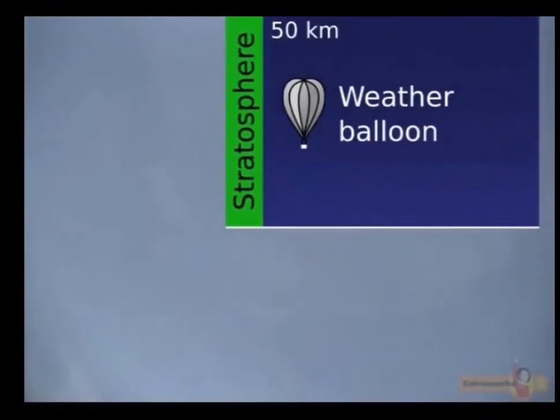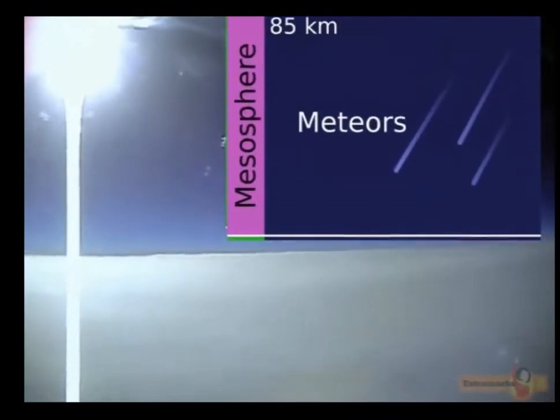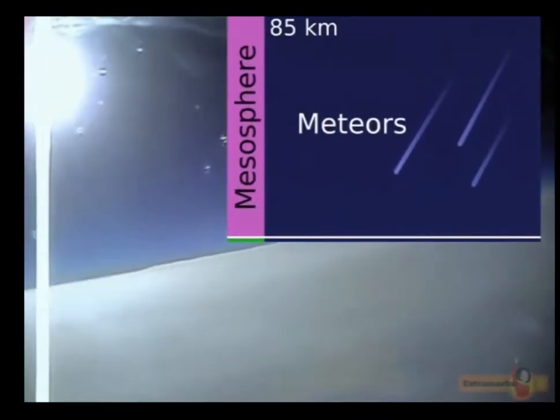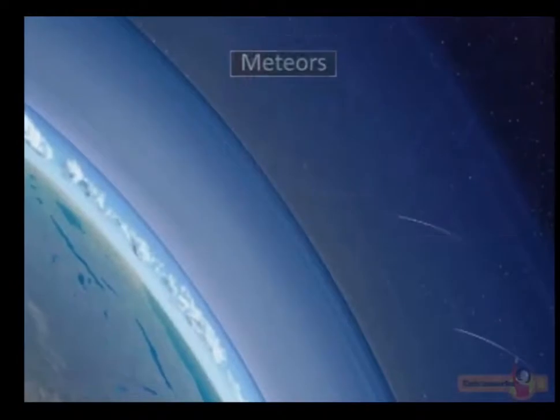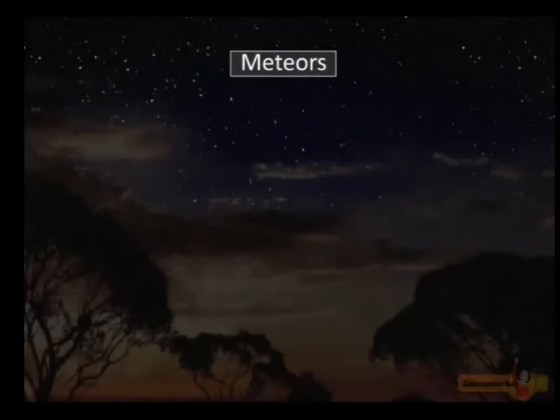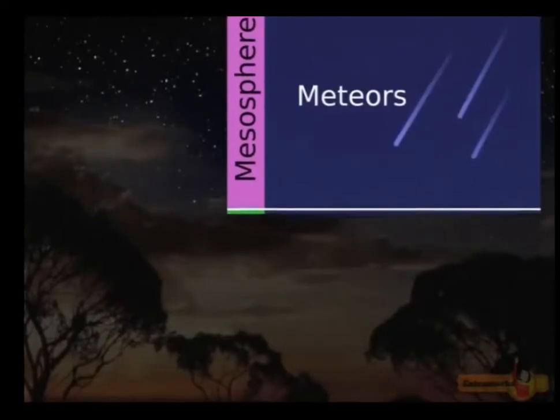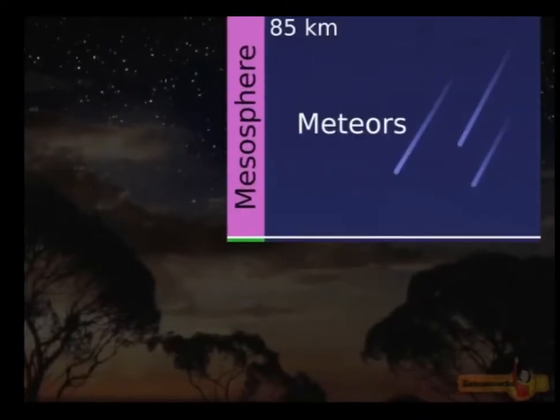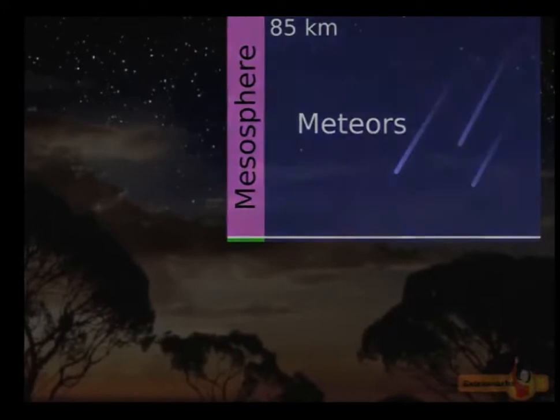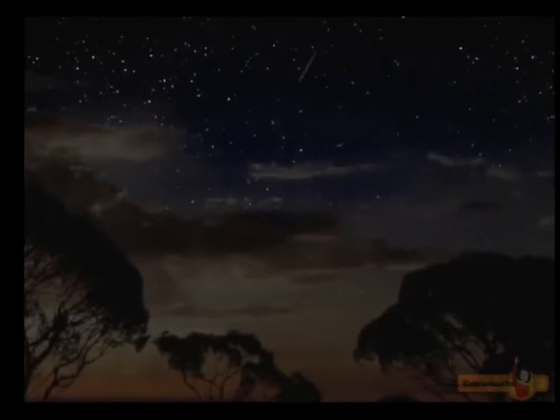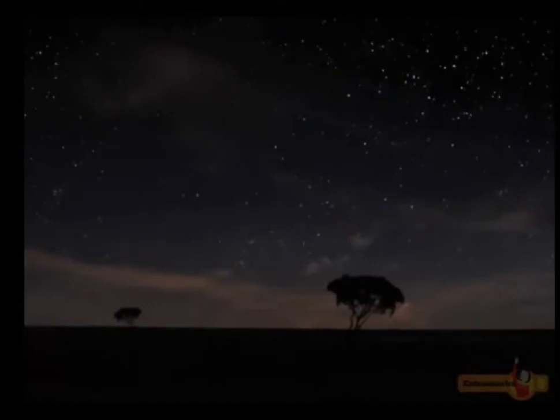At the height of about 50 kilometers, the stratosphere becomes the mesosphere. It's this layer that protects us from meteors. When a meteor enters the mesosphere, it compresses the air in front of it. Most of the meteors burn out. From the Earth, they look like shooting stars.